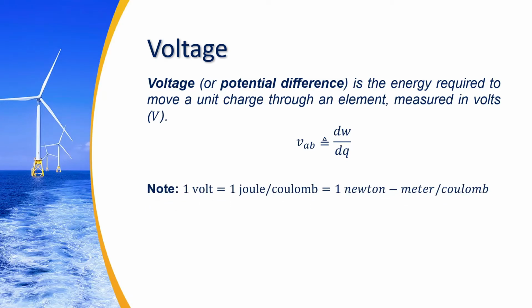Take note na 1 volt is equal to 1 joule per coulomb is equal to 1 Newton meter per coulomb. Hindi to 1 Newton minus meter ha. 1 Newton meter siya.